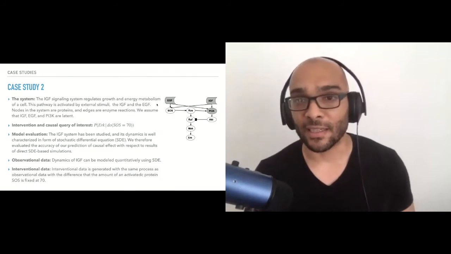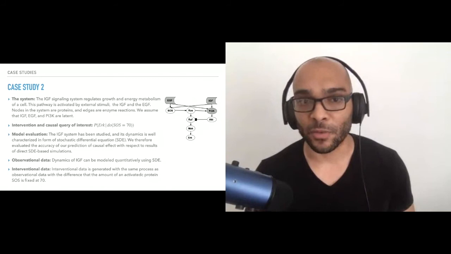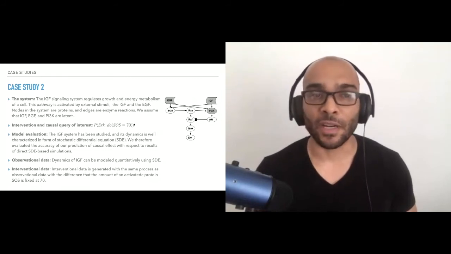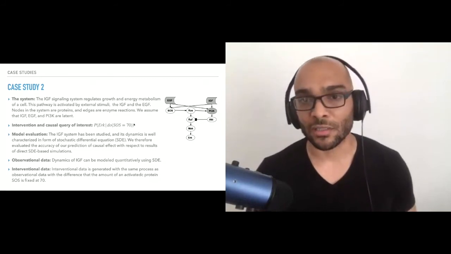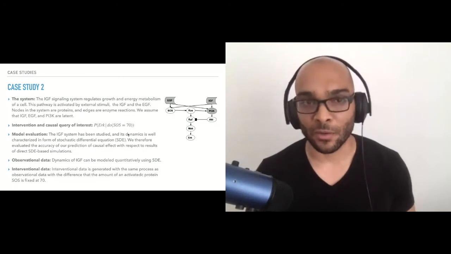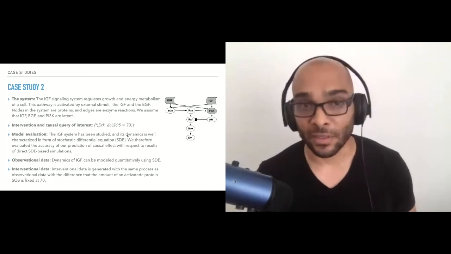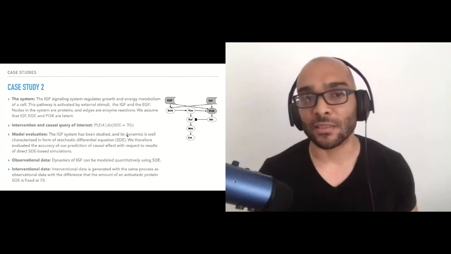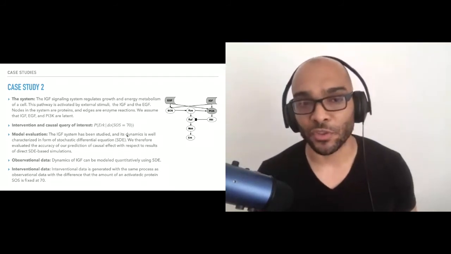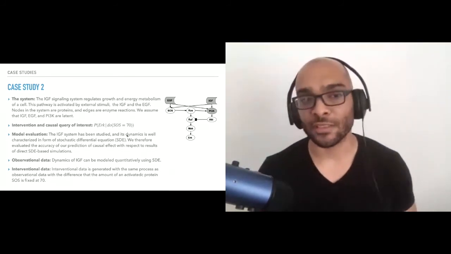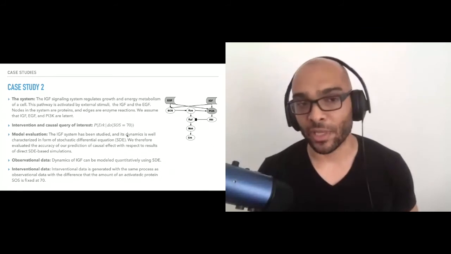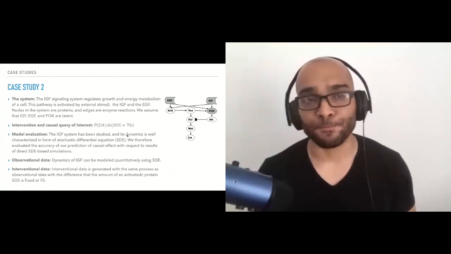And these EGF, IGF, and PI3K variables in this model are latent. We train a latent variable model and evaluate our ability to estimate this intervention distribution, where our ground truth is a dynamic from using the Gillespie algorithm.